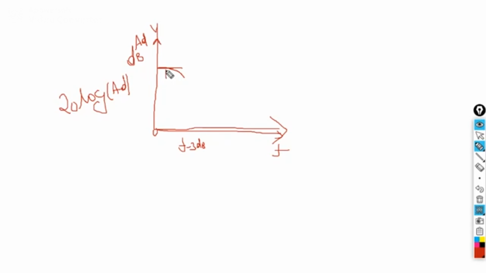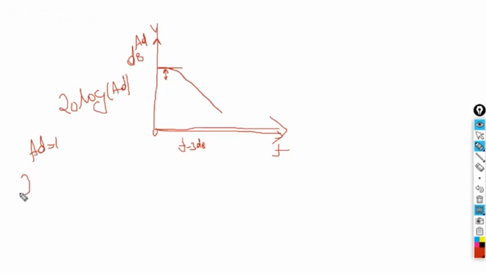So we call this the 3 dB decrease, and then it will continuously reduce. At a particular point, the gain reaches 1, so AD is equal to 1.